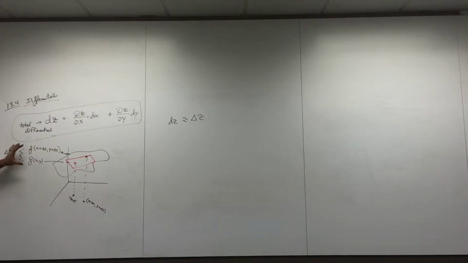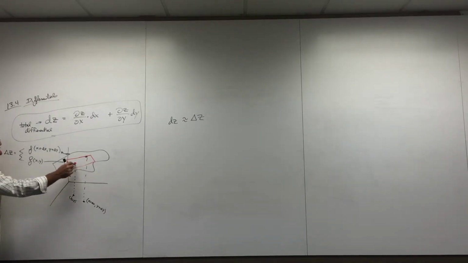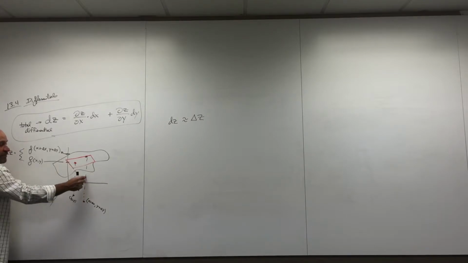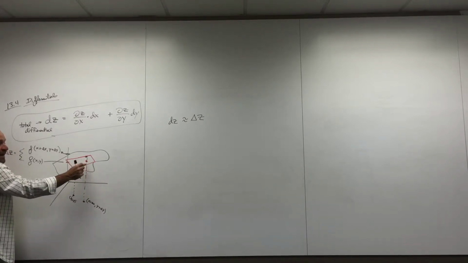Delta z is the actual change in z on the function. dz is the change in z on the tangent plane, analogous to what I just explained 10 minutes ago. So if it's tangent at this point, then this point is on the tangent plane. If I plug this point into the tangent plane, maybe it's right here.